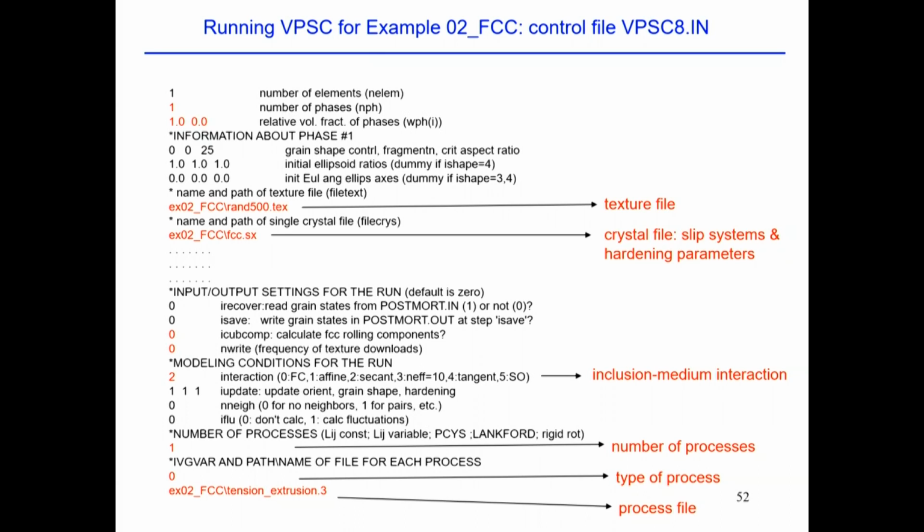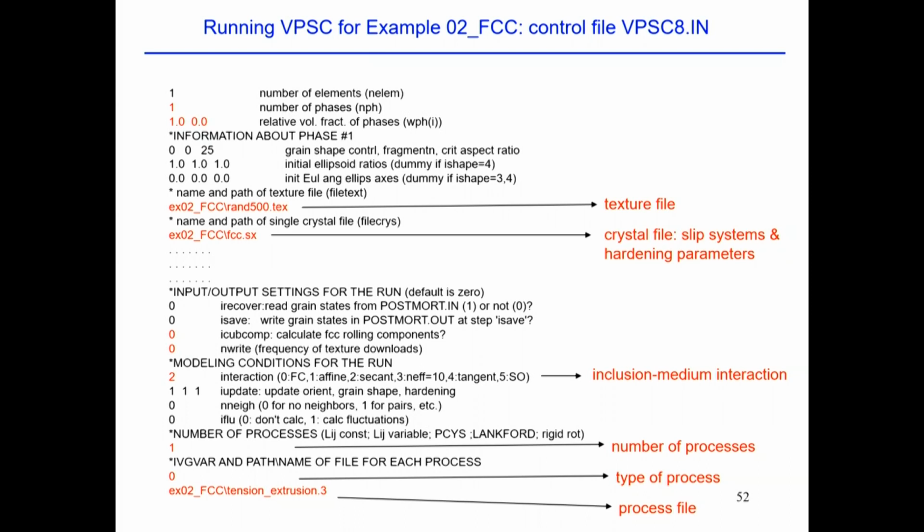So this is a leftover from another time, the number of elements. We only have one element. This was meant for running the code with a finite element code, but it was just left there. Now, number of phases. You can run an aggregate that has several phases. It doesn't have to be only one phase.